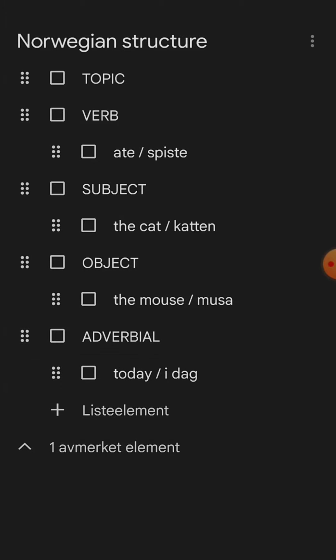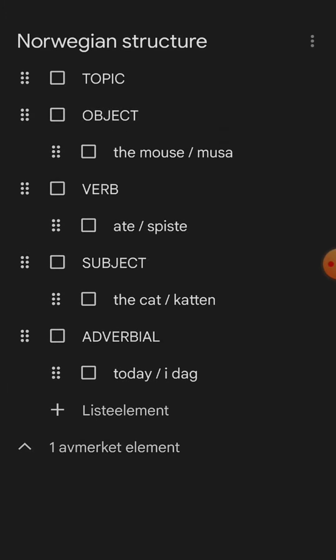Like, if you look at the sentence now, Musa spiste katten i dag. There is a difference. You can hear there's a very slight difference in the stress pattern of the sentence. But usually, if it's written, you will need to rely on context. It's very unlikely that the mouse ate the cat, for example.